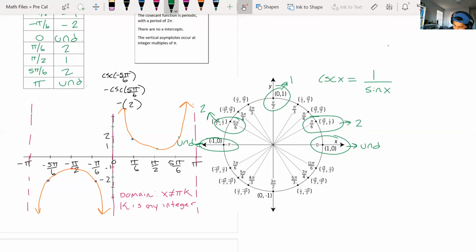And then your range, it starts at negative infinity and stops at negative 1 included, and then begins at 1 and heads towards infinity. Okay. Any questions on cosecant?